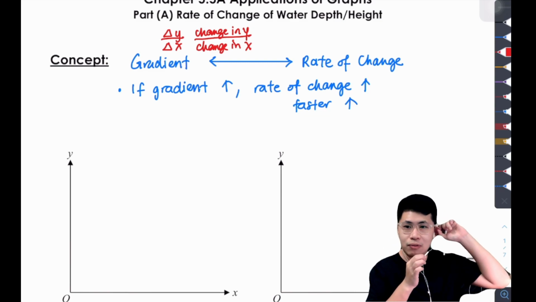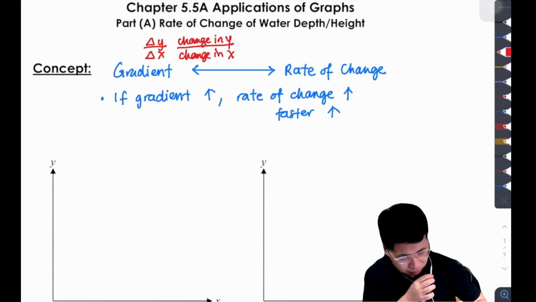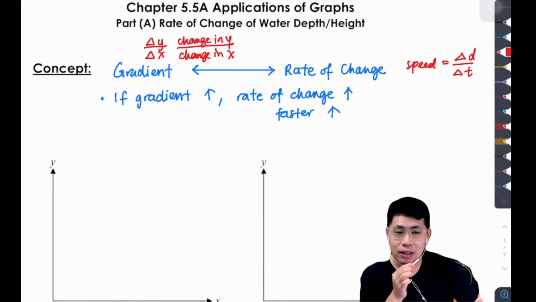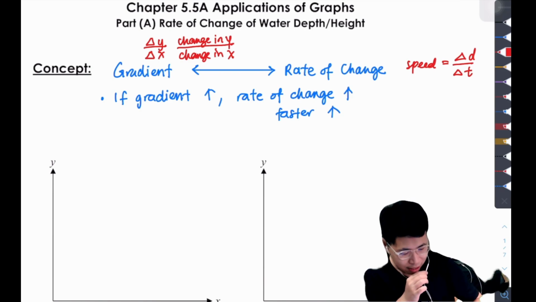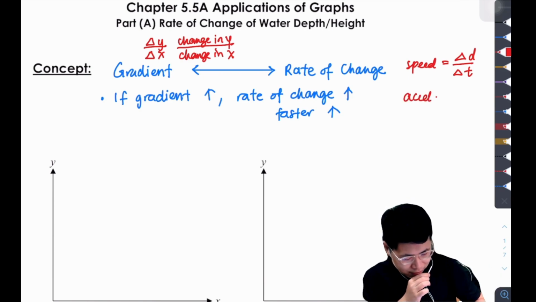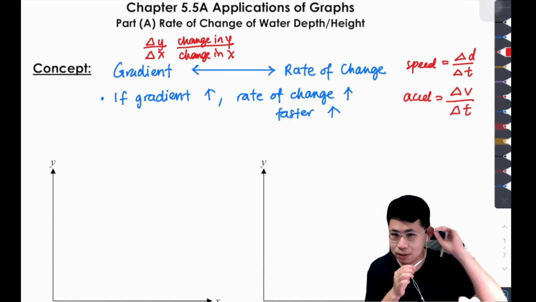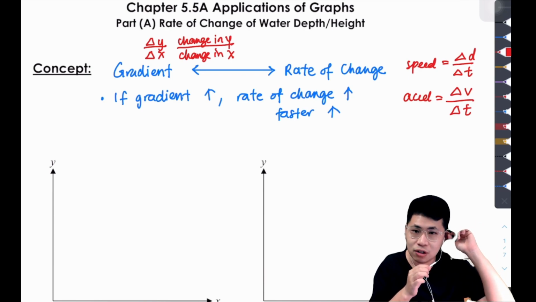When we apply this, some of the applications would be things like speed, which is the change in distance over the change in time. And some of you have learned in physics that acceleration is the change in speed over the change in time, the rate of change of speed, whereas speed is the rate of change of distance.